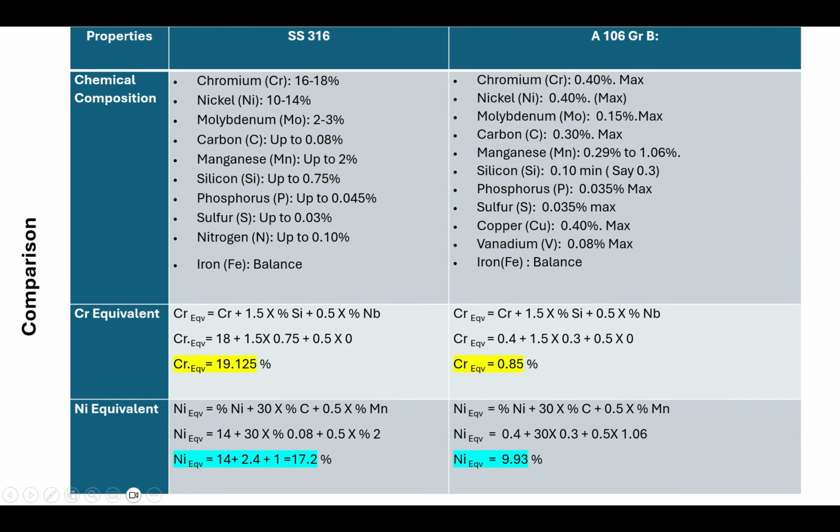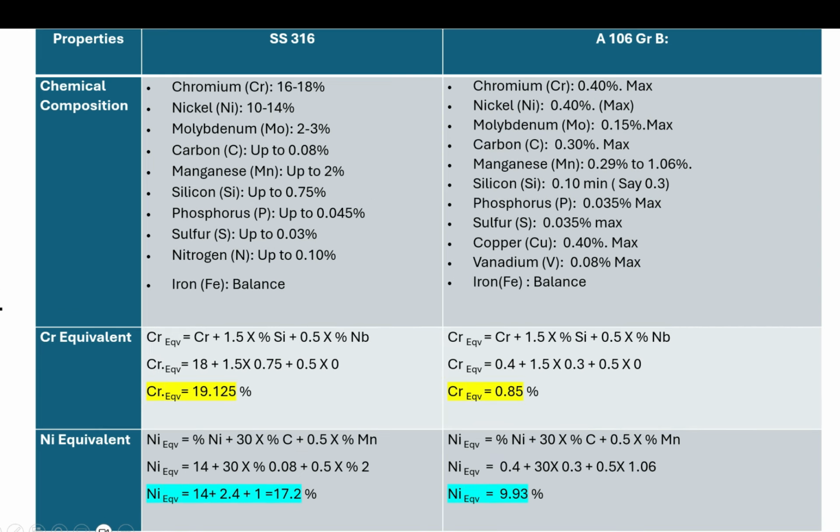Now, if you look at A106 grade B, chromium is only a trace, 0.4% maximum. Nickel is only 0.4, and molybdenum is 0.15 max. The carbon percentage is 0.3, quite high in A106 grade B, whereas it is 0.08% in 316.